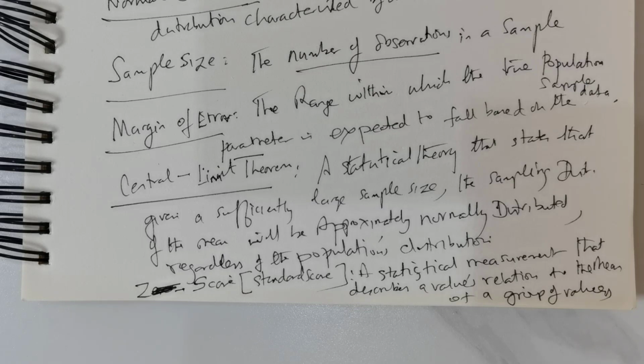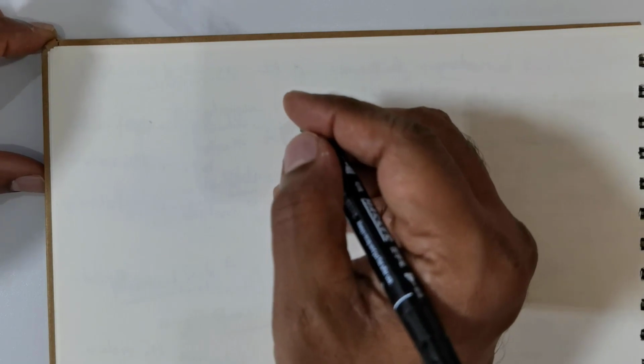Now as I mentioned to you in the previous lesson, let me move to the next page. I started to differentiate statistics. I mentioned clearly that there are two branches of statistics. One is theoretical statistics and another is applied statistics.